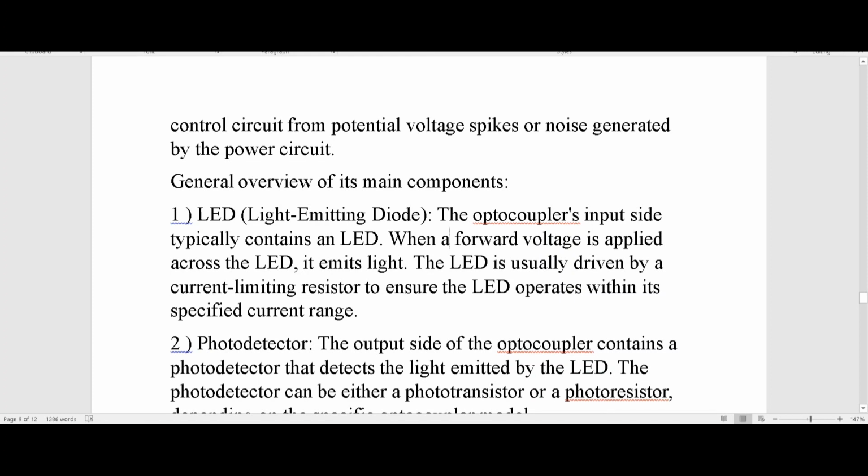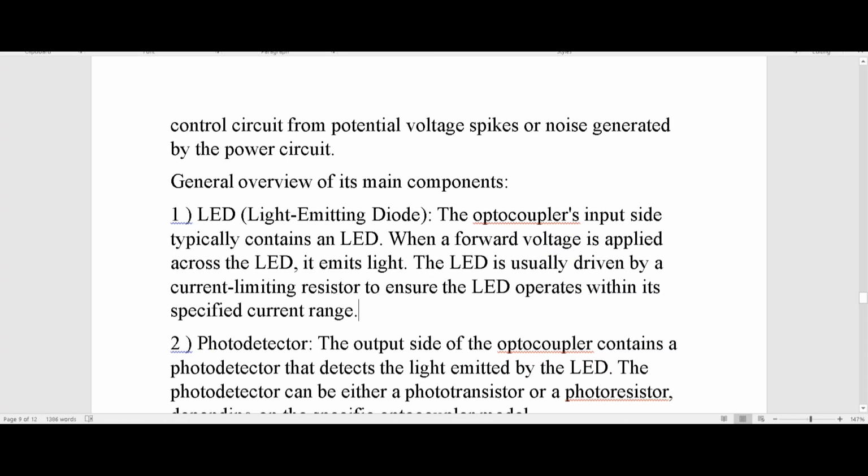The LED is usually driven by a current limiting resistor to ensure the LED operates within the specified current range. So a resistor is being used with the LED to prevent it from being damaged, making it work in a limited current range.